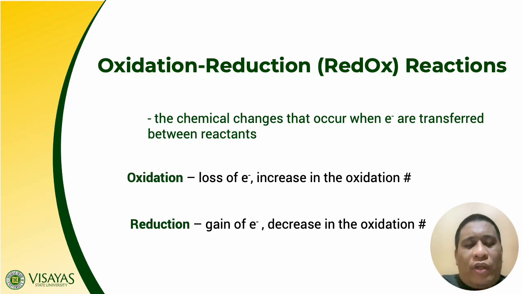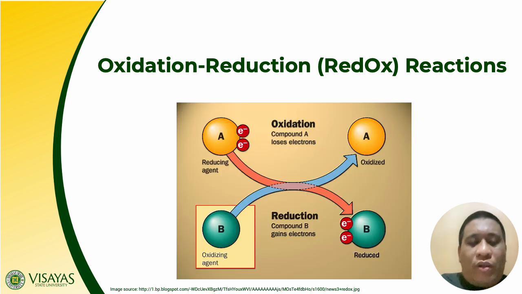So the electrons will be gained, and the resulting compound or element that gained the electrons will have a decrease in the oxidation number. Essentially, for any reactant A that undergoes oxidation, that reactant becomes oxidized, and we call that a reducing agent.